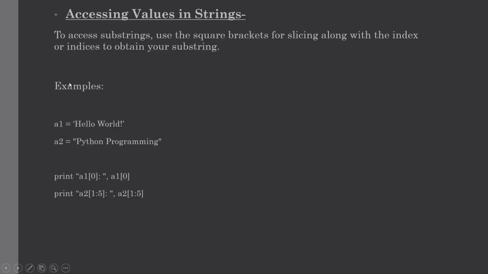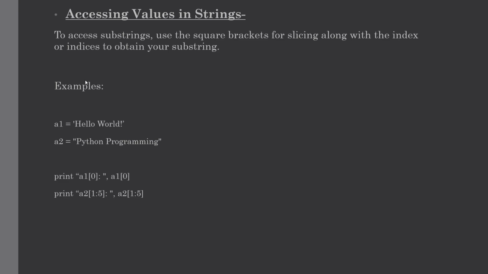The next and the most important topic in strings is accessing the values. Python does not support a character type, so these are treated as strings of length 1, thus also considered as a substring. To access a substring, use the square brackets for slicing along with the index or indices to obtain your substring.